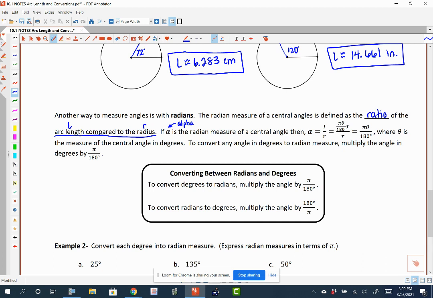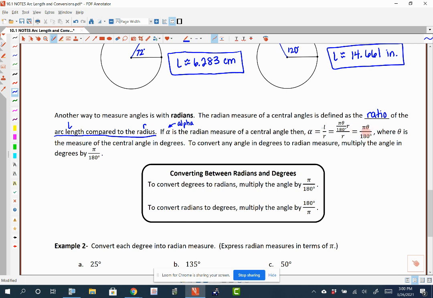So we're making a ratio to find our radians, and it says arc length compared to radius. Well, we just found out that the formula for finding arc length is pi times theta over 180 times our radius. So that right there is length, but then we're supposed to divide by the radius.